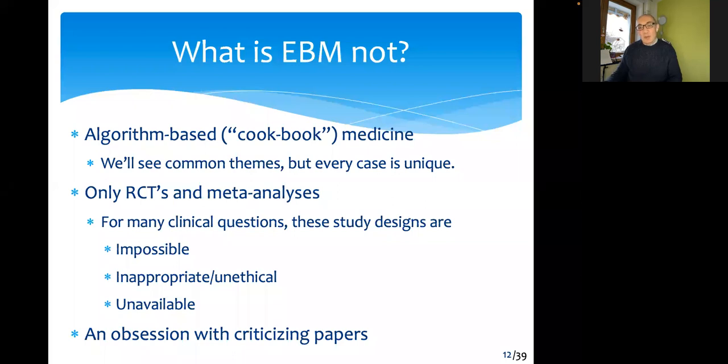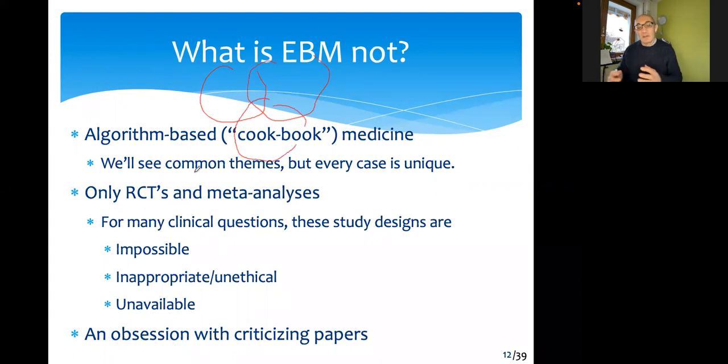On the other hand, what is EBM not? It should not be considered as a cookbook medicine. We should not think that if you have the evidence, you take it and you apply it. No, never forget these three circles: the doctor, the patient, and the literature, the evidence.